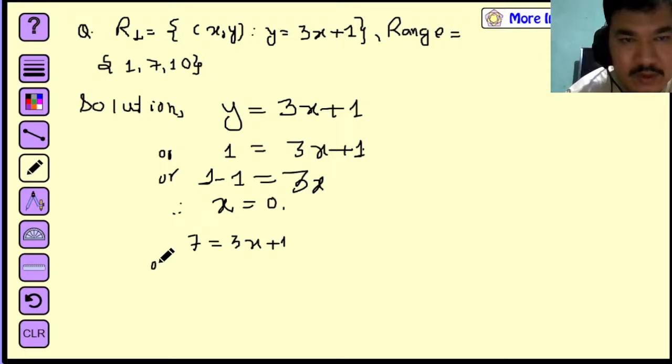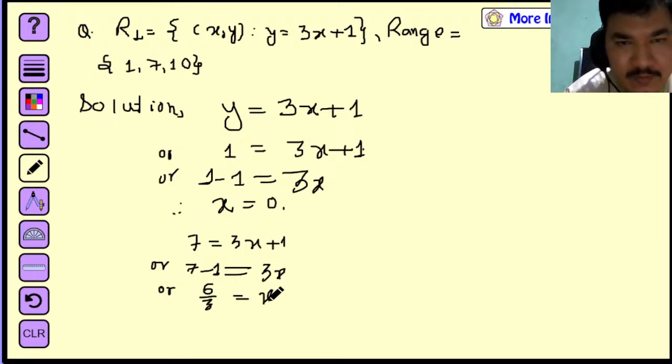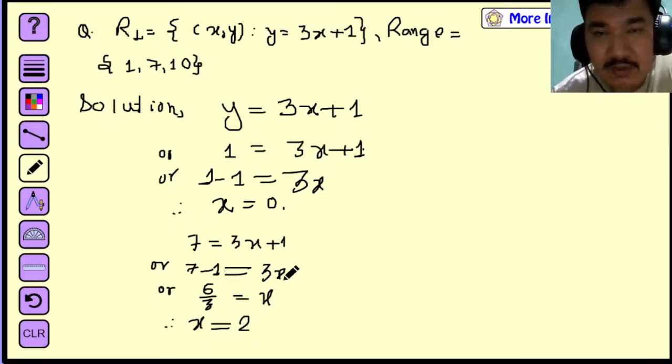When 1 goes to the left, it will be 7 minus 1, which is 6, and this side will be 3x only. Then 6 divided by 3 gives the value of x, that is the domain. Therefore x equals 2. The x value is 2.